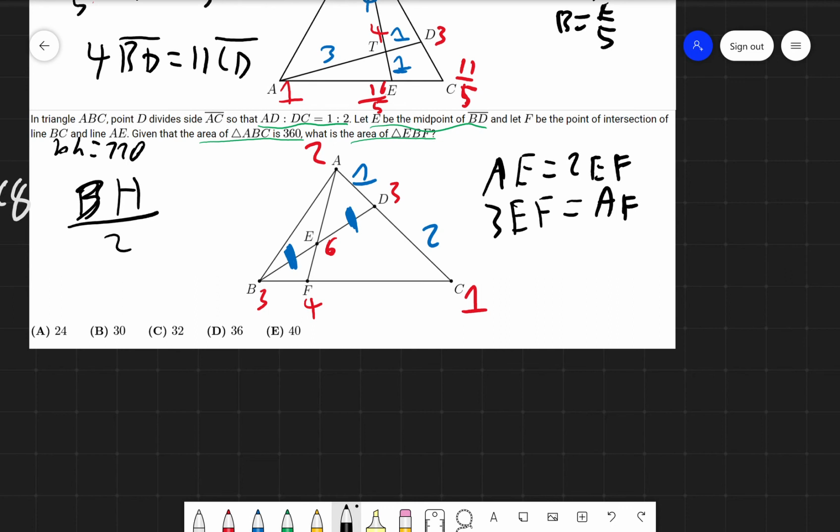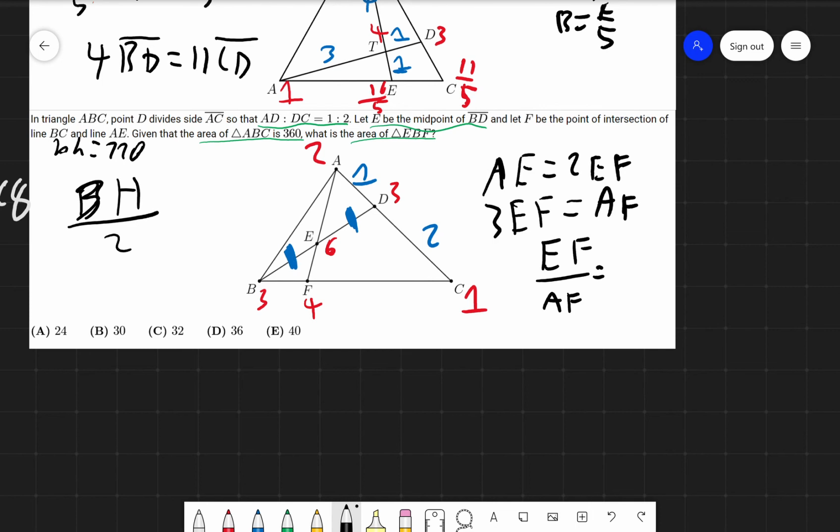So now look at this. We know the relation between EF and AF, but notice that EF over AF is the same as the ratio of the heights of BEF and BAF. Alright?